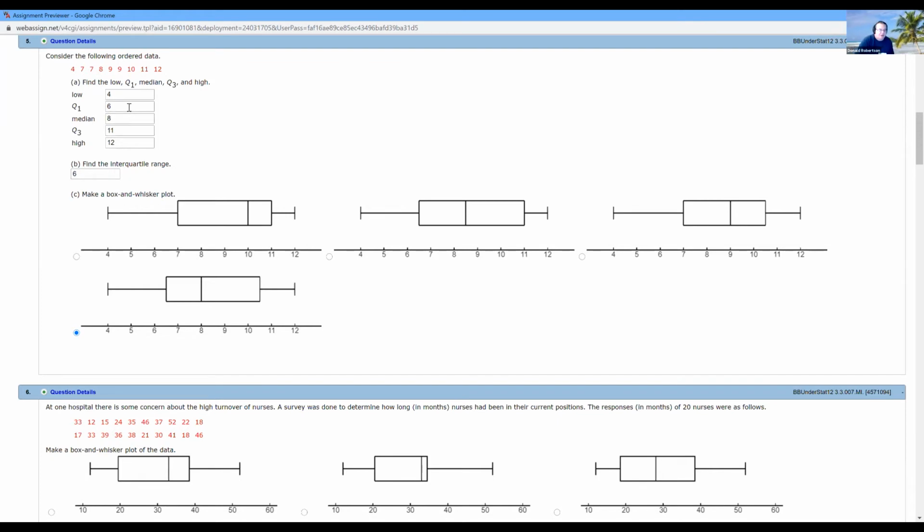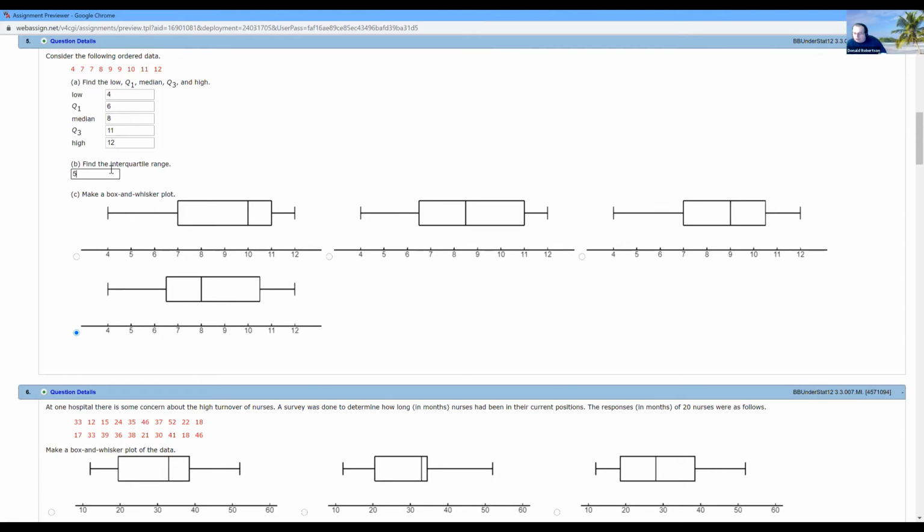Okay, and back to this question then, would you agree that the interquartile range is not 6? Wouldn't it be 5? It should be 5, right? Now, why am I getting at this? When you're doing your test, you only type in some numbers and you pick a picture. You will also be doing working, especially when it comes to calculating the interquartile range.